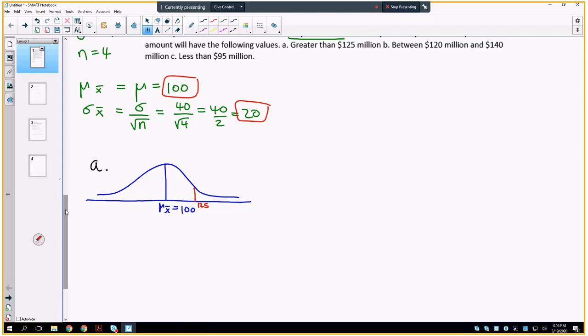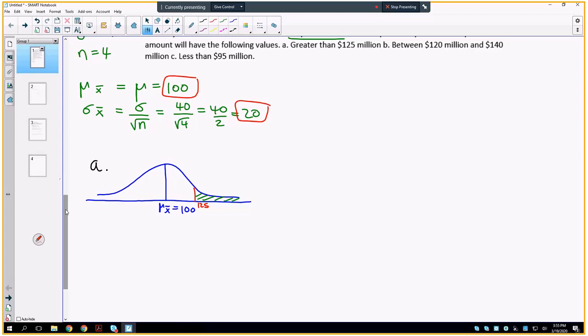Okay, but it says greater than 125, so that's going to be this area here on the right-hand side. We know that eventually we're going to use our z-table, and our z-table is going to give us left-sided area, so we're going to have to address that eventually, but before we can do that, we need a z-score.